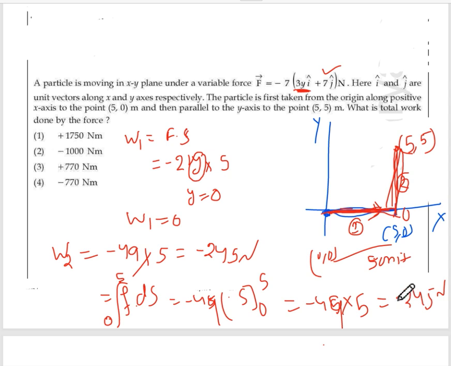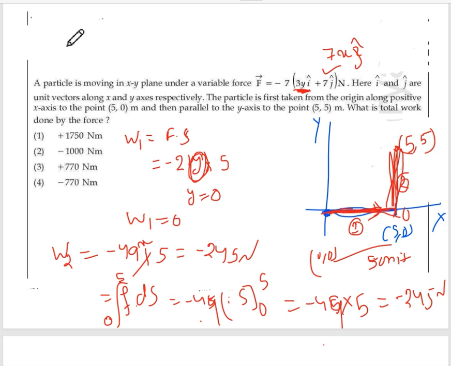Actually, I think there is some mistake in the question. It is given as 3y, but if it is taken as 7x j cap, then another quantity will come, x will come here, and we put the value of x on the whole line as 5, because in the y-axis also x is constant, so we take it outside and multiply by 5.